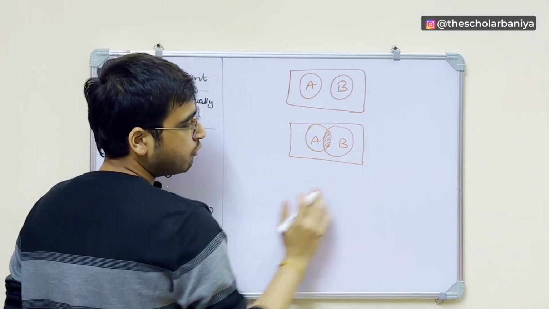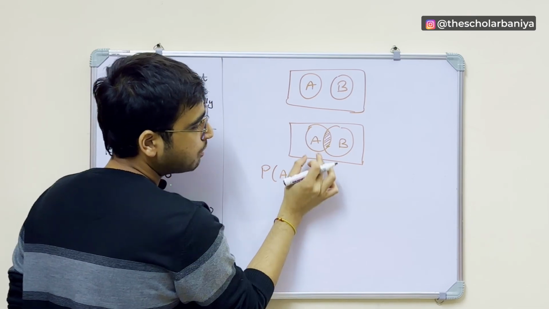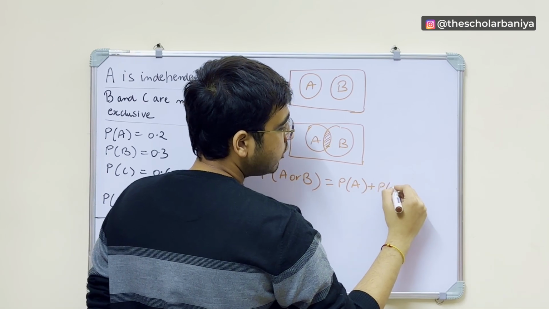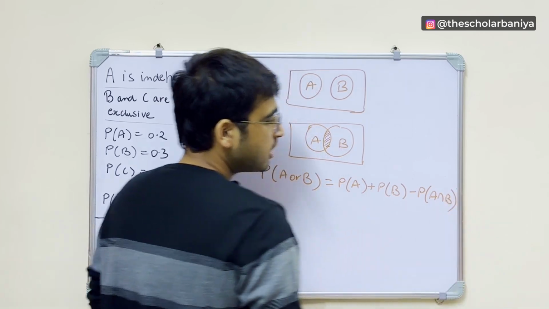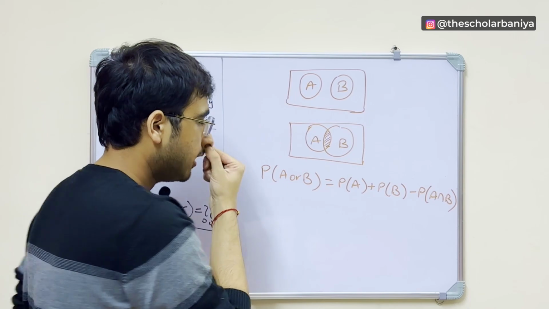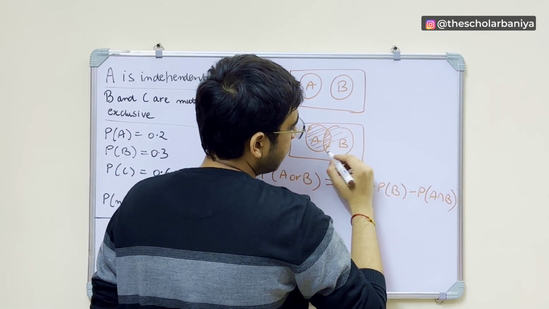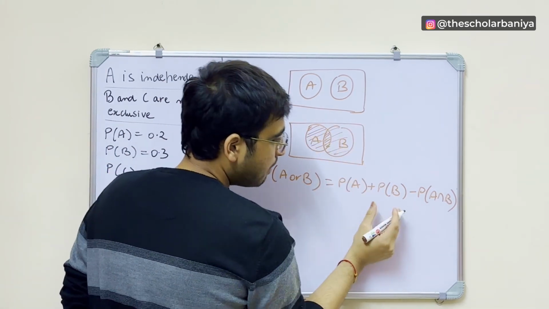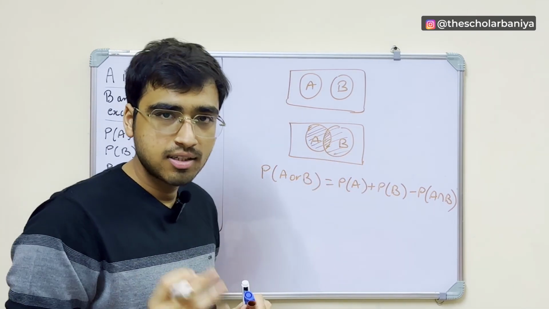So, for example, the formula for this is probability of A or B. The probability of A or B is equal to probability of A plus probability of B minus probability of A intersection B. So this is the formula that comes out in a normal scenario, right? Where probability of A or B means basically this entire thing. So probability of A or B is probability of A plus probability of B minus this common part, because the common part is repeated twice.